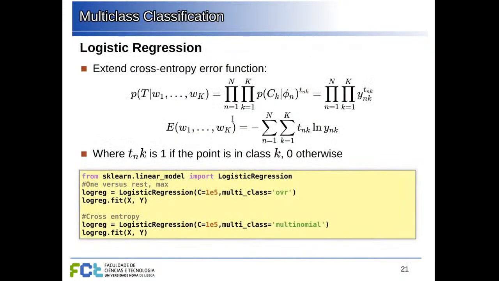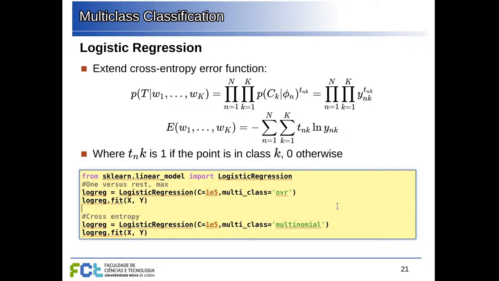But the cross-entropy error function that we are minimizing in logistic regression can be extended for an arbitrary number of classes. So actually logistic regression can have this multinomial option where the function that is being optimized takes into account all the classes, and the classification also takes into account all the classes.